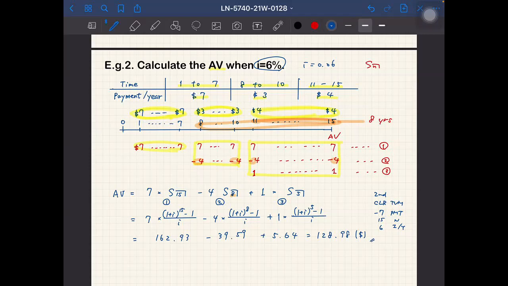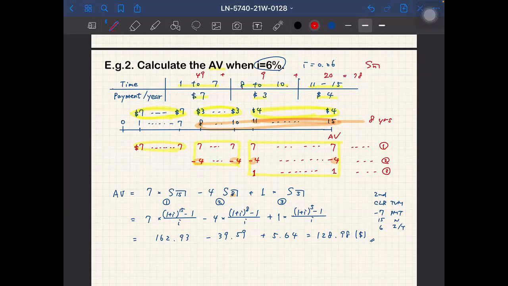So 1 to 7, $7 each, so we have $49 in total, and 8 to 10, $3, so $9 in total, and 5 payments of $4, that is 20. So in total, 49 plus 9 plus 20, so that is $78.